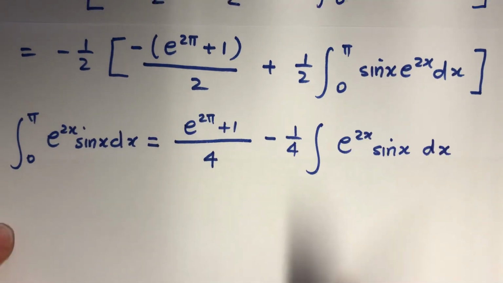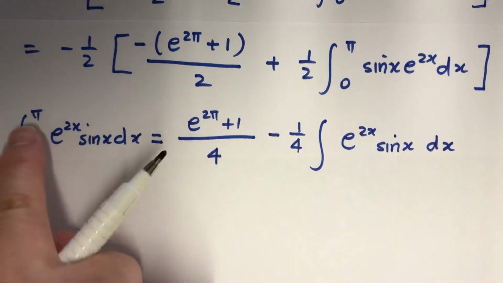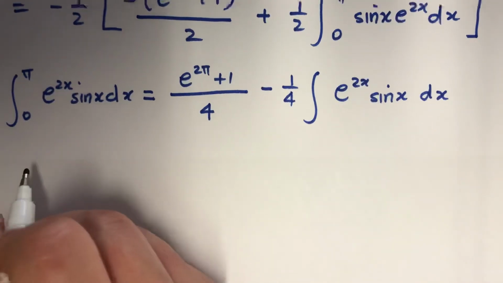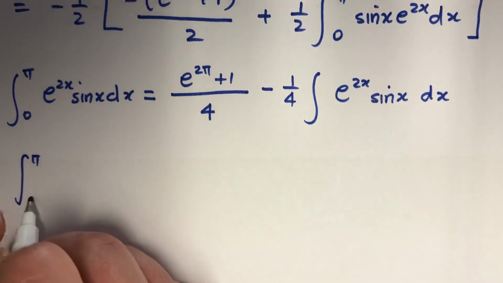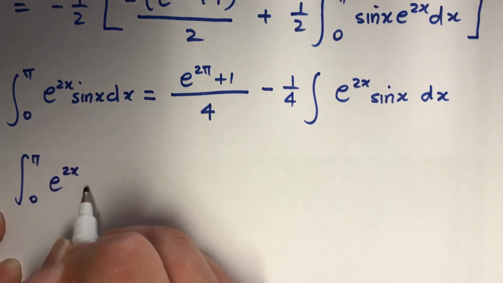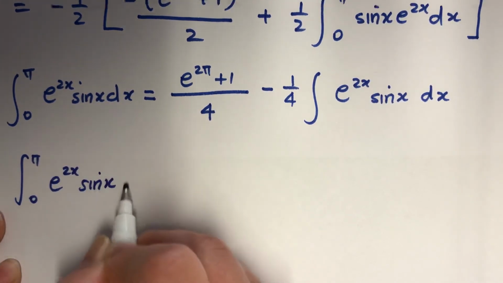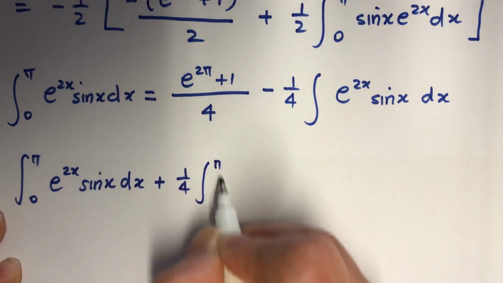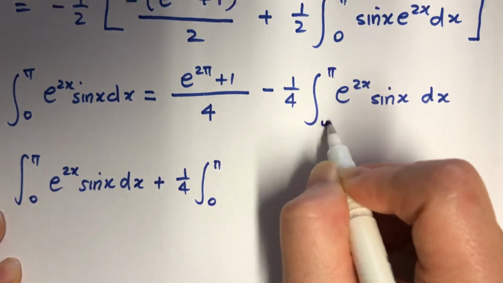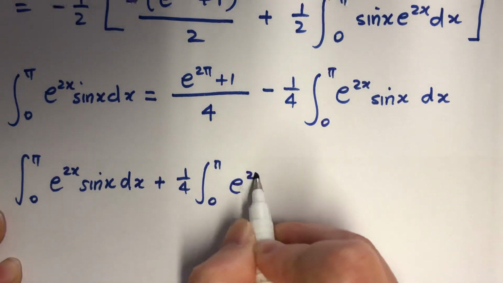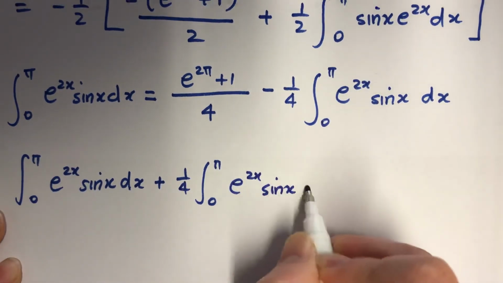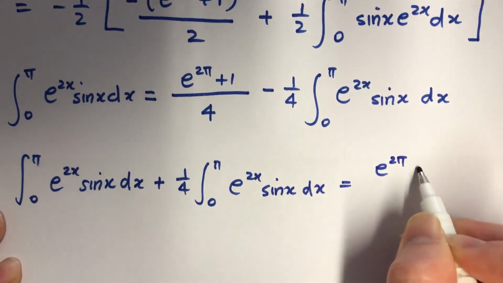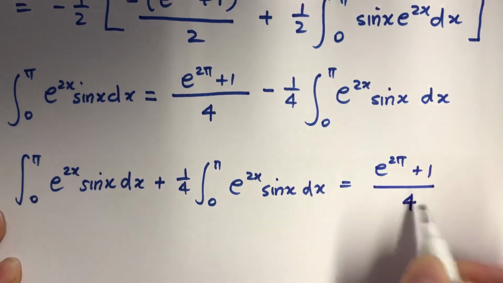Okay, so now you can see they are like terms. If I move this one to the other side, it becomes positive. So it becomes the integral from 0 to pi of e to the power of 2x sine x dx plus a quarter, and I forgot the 0 to pi here, of e to the power of 2x sine x dx equals e to the power of 2 pi, not 2x, 2 pi, plus 1 over 4.